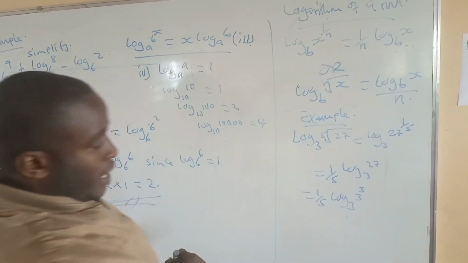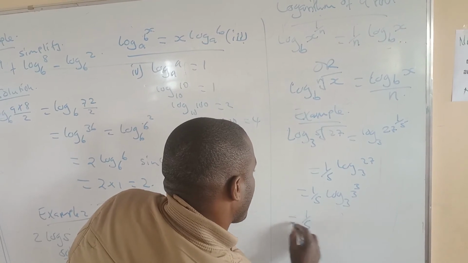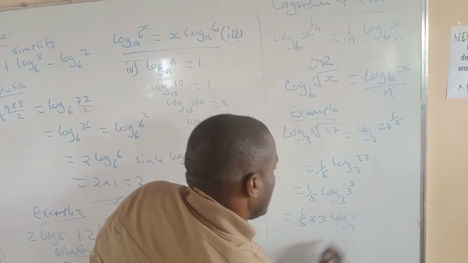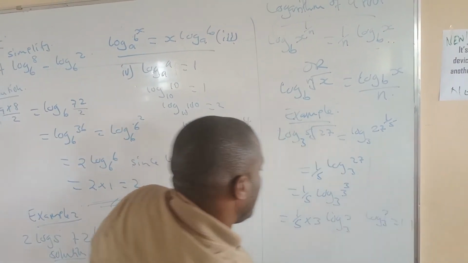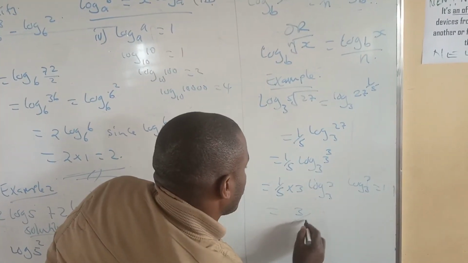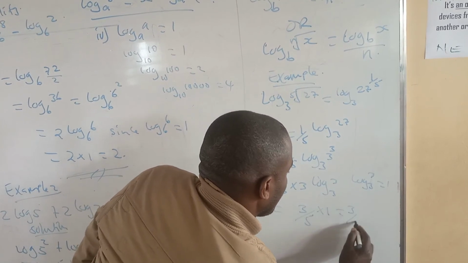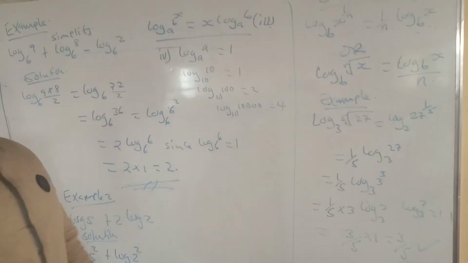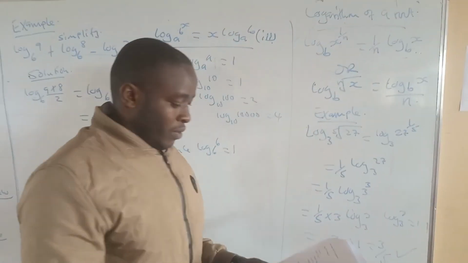So you can bring the 3 down, so that you remain with 1 over 5 times 3 times log base 3 of 3. And we know that log base 3 of 3 is equal to 1. Therefore this becomes 3 over 5 times 1, which is equal to 3 over 5. So if you are asked to simplify or evaluate such a question, the answer is 3 over 5.